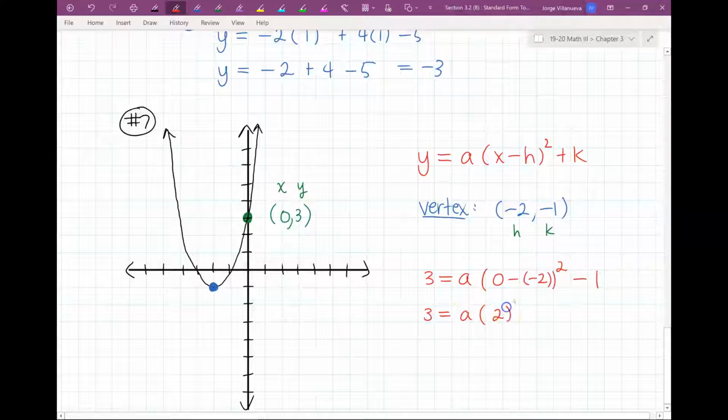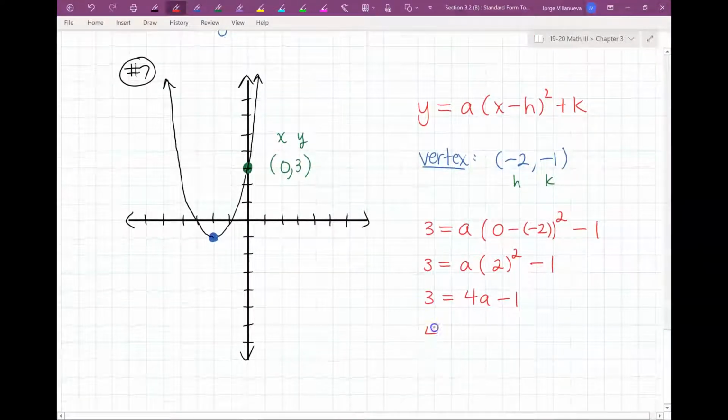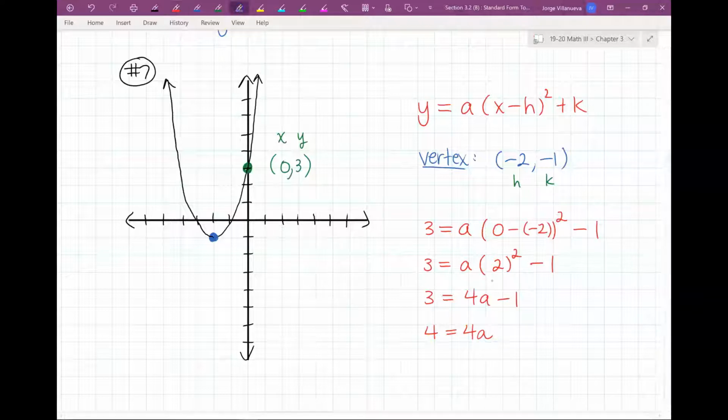That's going to be a 2 squared minus 1. 2 squared is 4, so that's 3 equals 4A minus 1. Add 1 to both sides, you get 4 equals 4A, right? Because I'm just going to move that -1 over that way, so I got to add it. And so if I divide both sides by 4, I get that A must equal 1.